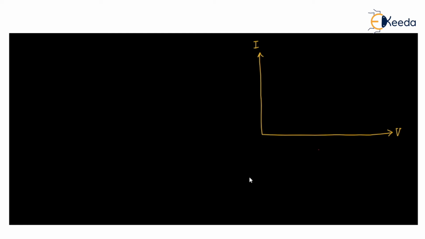According to the Gunn effect, after some certain value, let us assume this is the applied voltage V1, the current will become oscillatory. So let us denote this as V1. After V1 voltage, the current value will be oscillatory, and it will look like this.